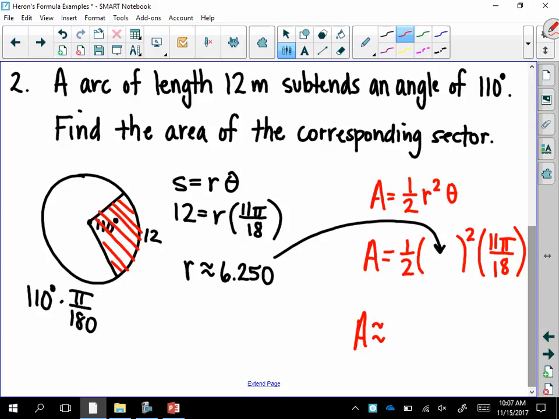What do we get? 37.497. And what are our units? Meters squared, because we're talking about an area. That would be it.